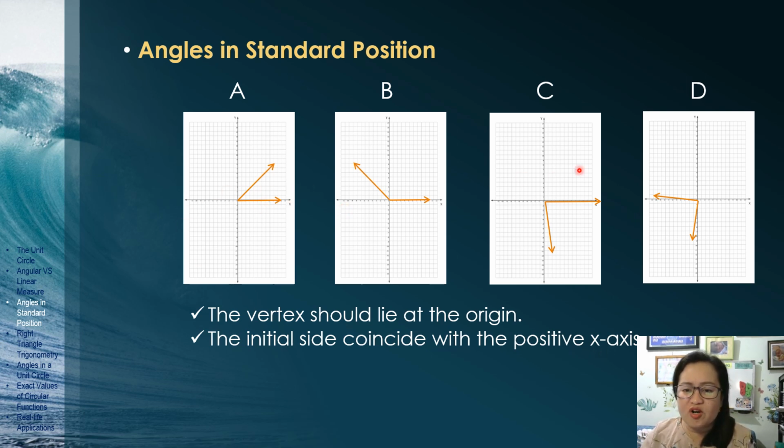Among the 4 angles, only angle D does not have an initial side that lies on the positive x-axis. So angles A, B, and C are angles in standard position.